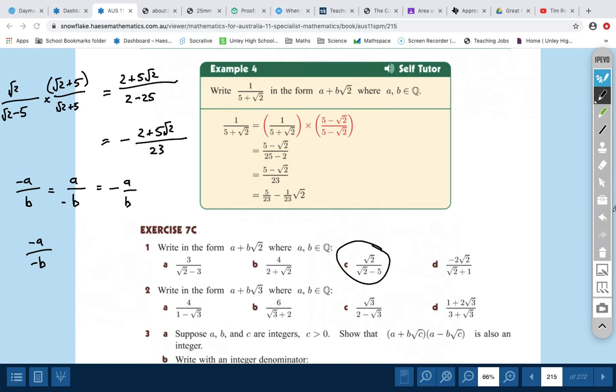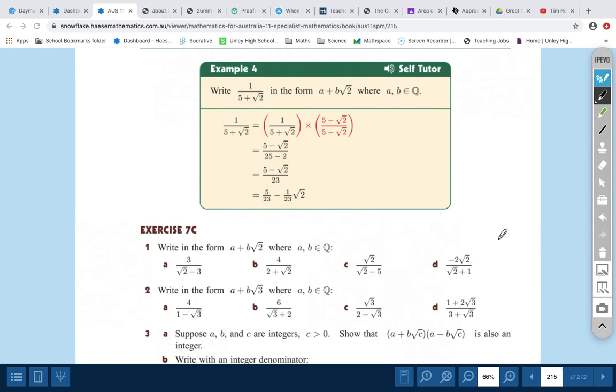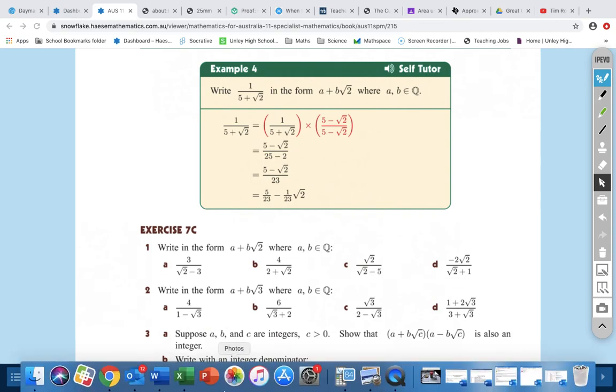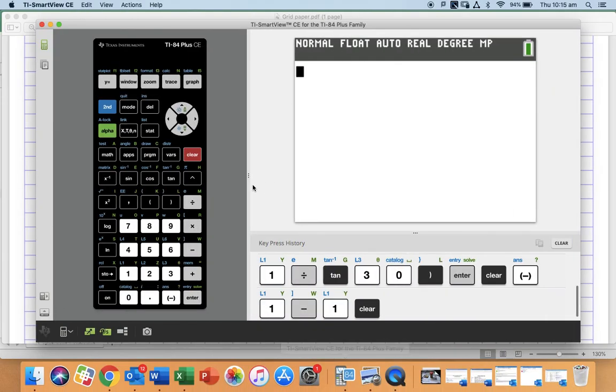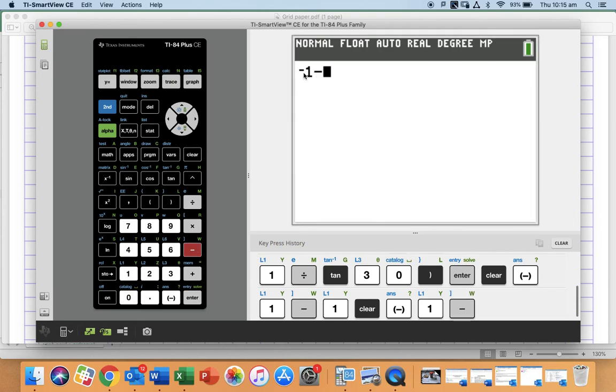To be strictly correct, there is a difference between a negative symbol and a minus sign. Your calculator makes that distinction. Let me show you. Because you have a unary operator, your calculator has a separate button for the negative symbol, whereas the minus looks slightly different.